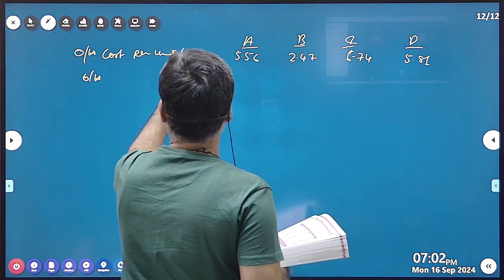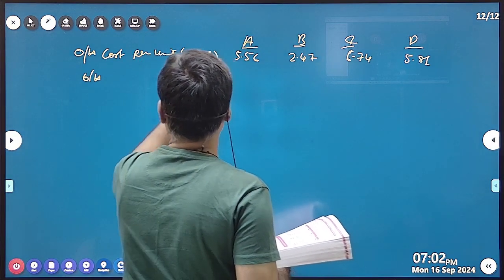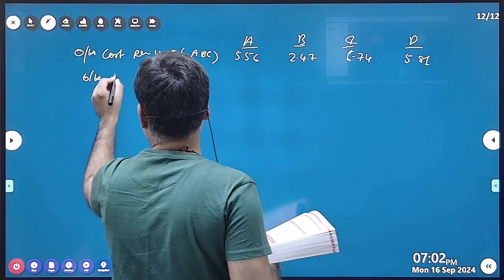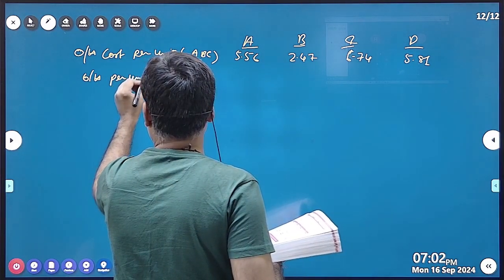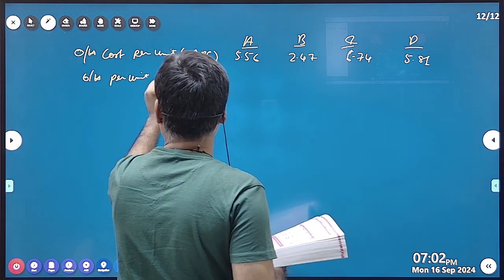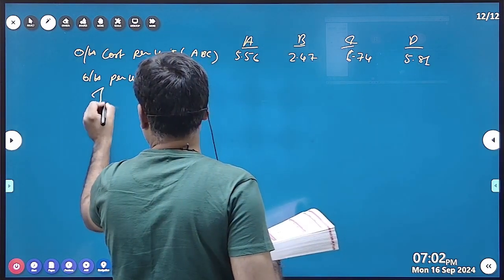Here it will mention ABC overhead per unit, and overhead per unit as per traditional costing.